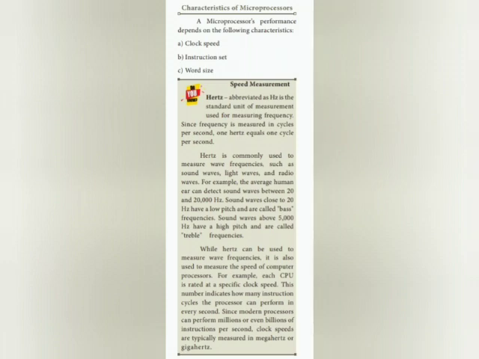For example, each CPU is rated at a specific clock speed. This number indicates how many instruction cycles the processor can perform every second. Since modern processors can perform millions or even billions of instructions per second, clock speeds are typically measured in megahertz or gigahertz.